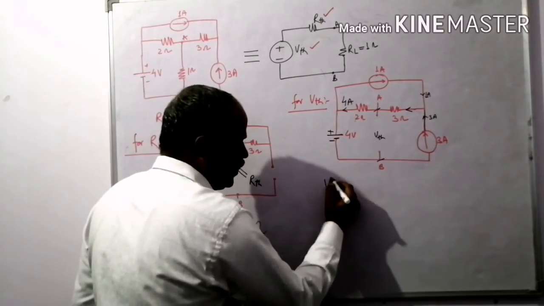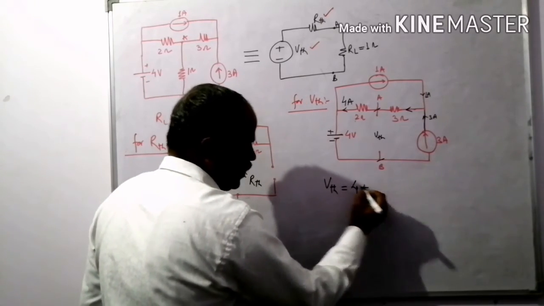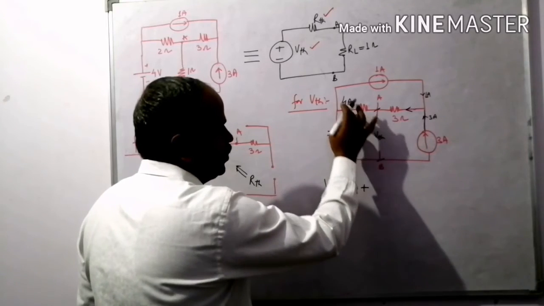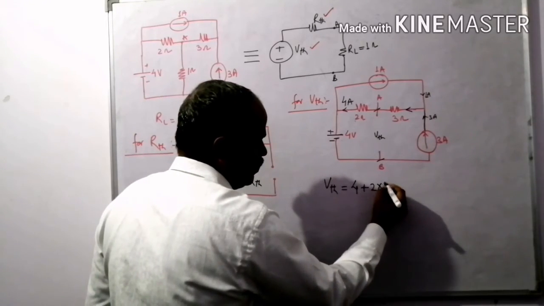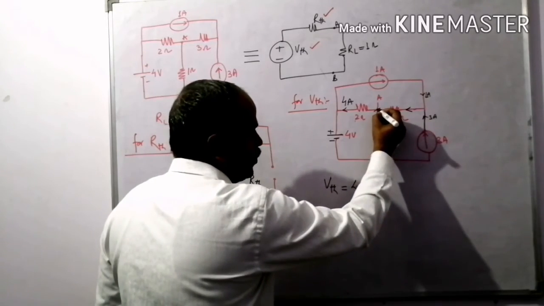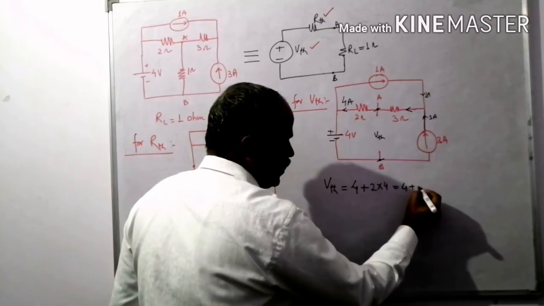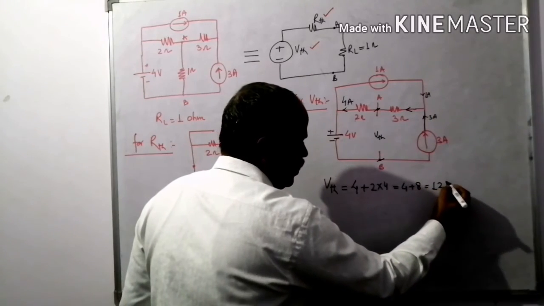So the value of VTH is 4 plus 2 into 4, because we are going to calculate the voltage at point A and B. It becomes 4 plus 8, it is 12 volt.